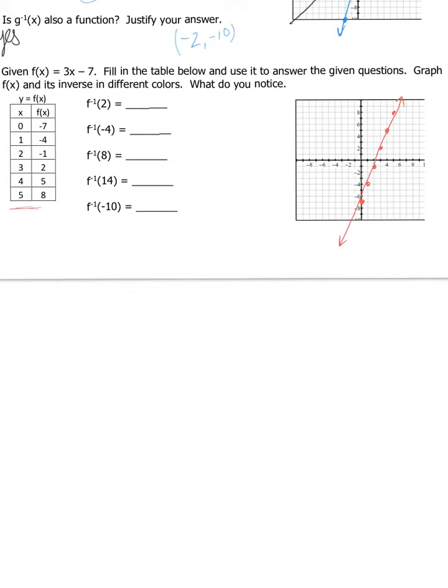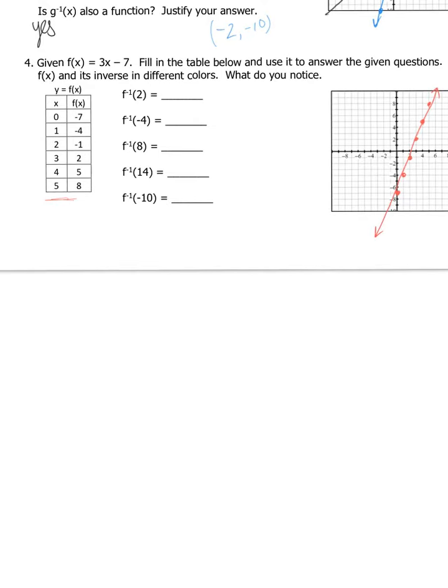Now, if I want to graph the inverse, I think I can do this by just looking at this table. When I originally graphed the first red problem, I kind of imagined, I mean, you can see it, that all of this column was my x's and all of this column was my y. For example, for the original problem, if I was graphing that point, I would graph the point 5, 8, right?